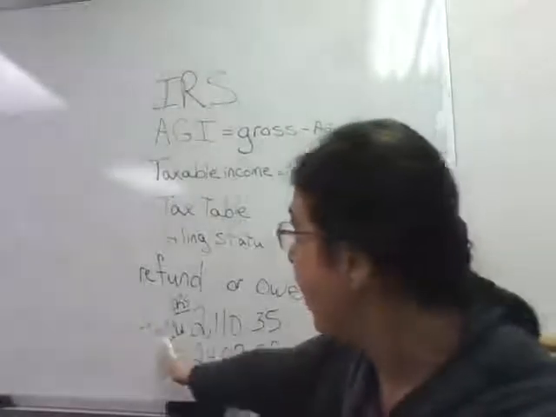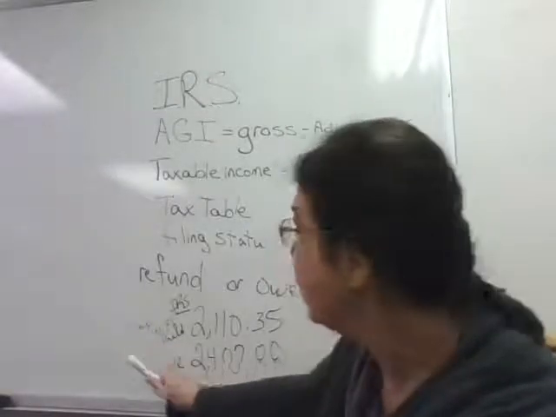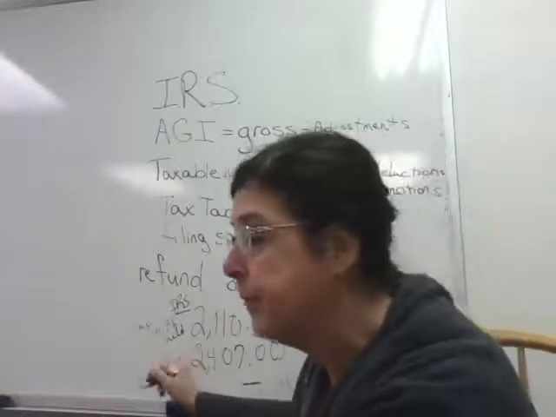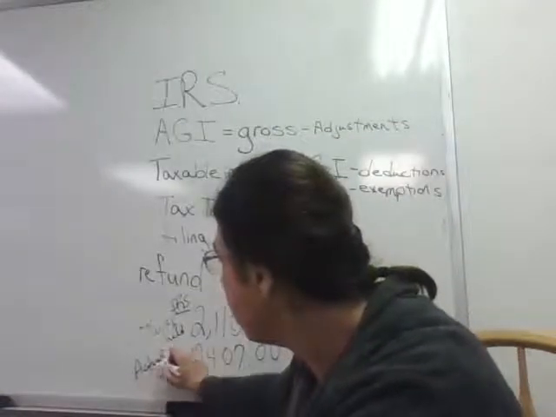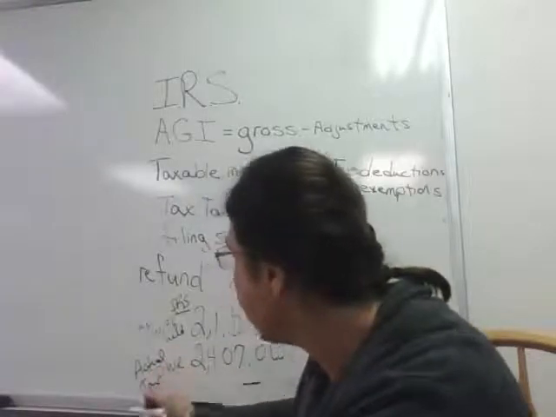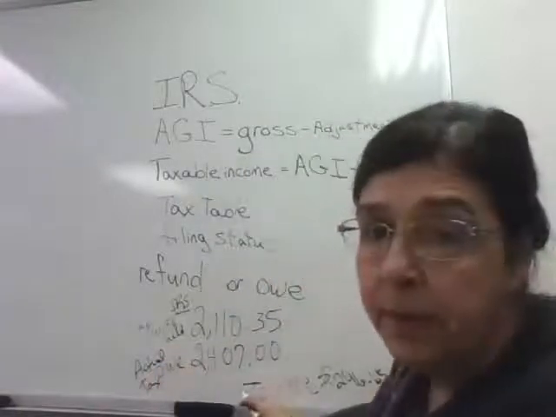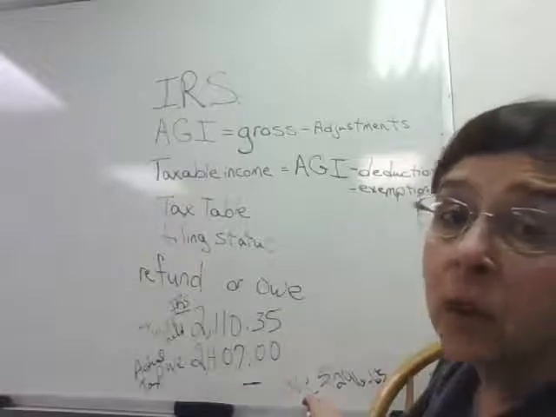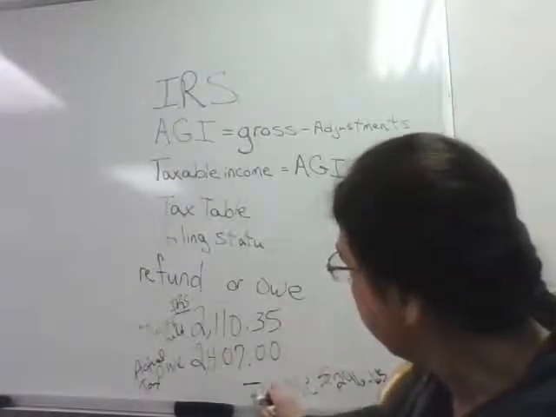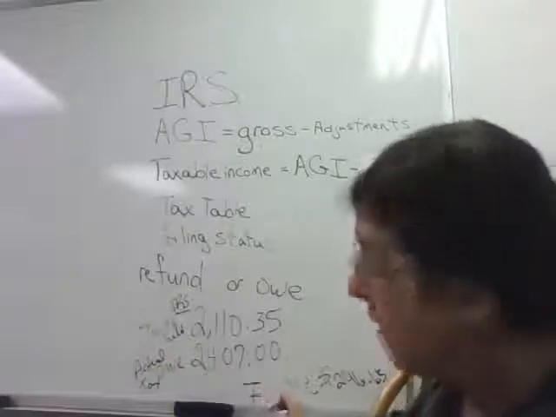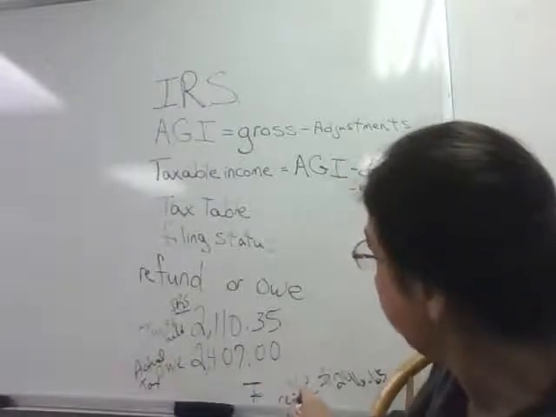The tax withheld minus the actual tax. If it is a negative number, it will be how much you still owe. If it's a positive number, it'll be a refund of that amount.